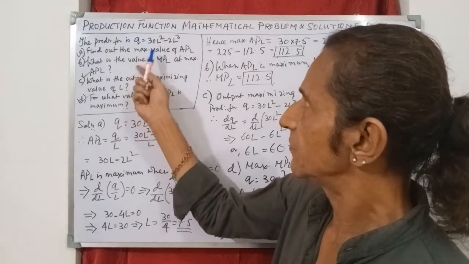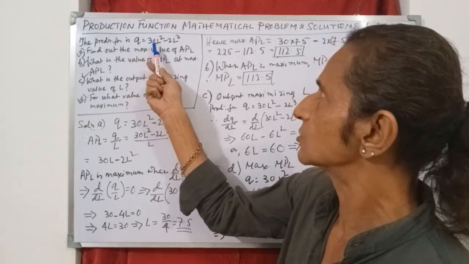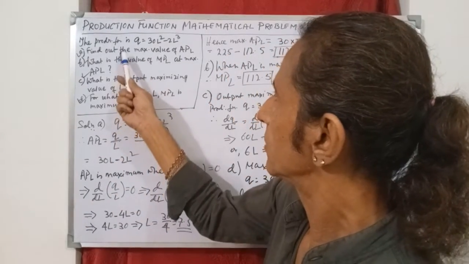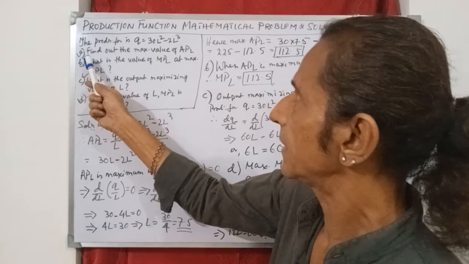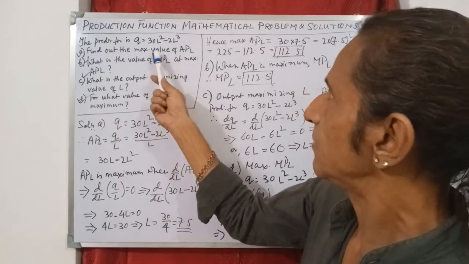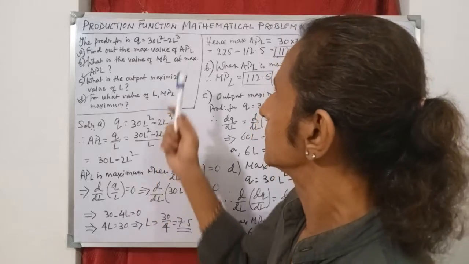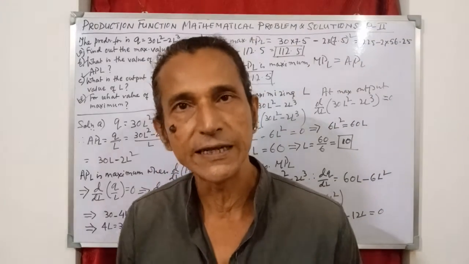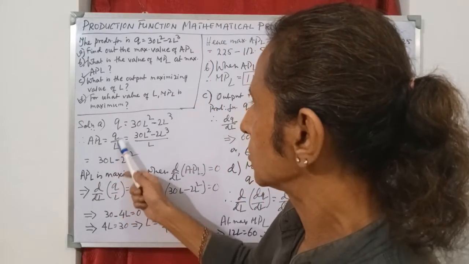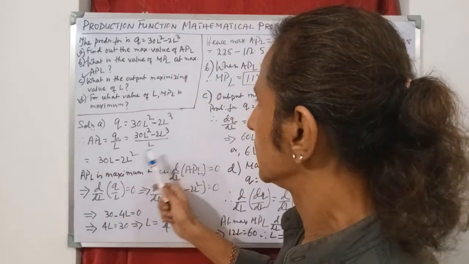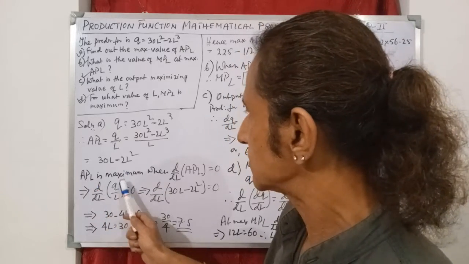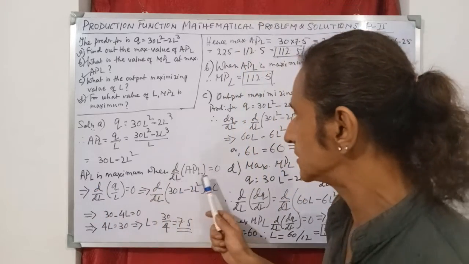Our production function is given Q equals 30L square minus 2L cube, and here we are solving 4 parts. Part A, find out the maximum value of APL. Now APL is maximum when d/dL of APL, that is d/dL of Q by L, is 0. So APL equals Q by L equals 30L minus 2L square. APL is maximum when d/dL of APL is equal to 0.